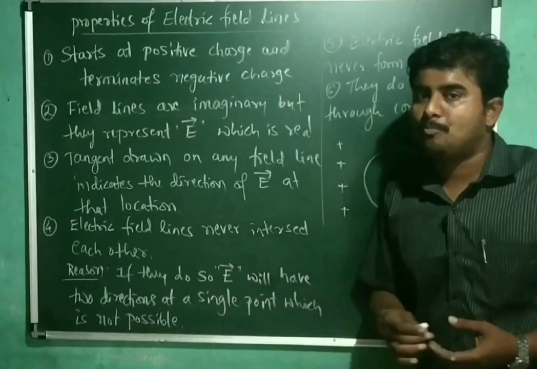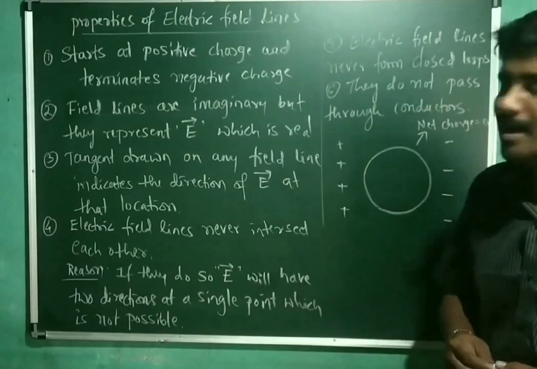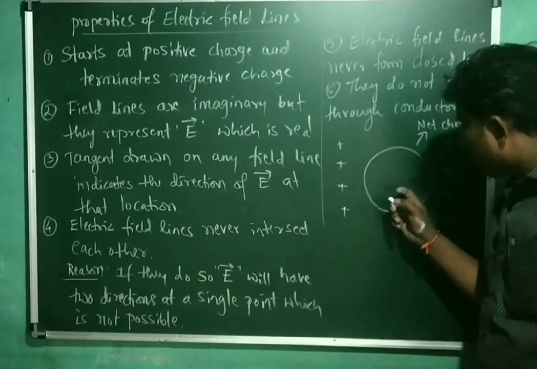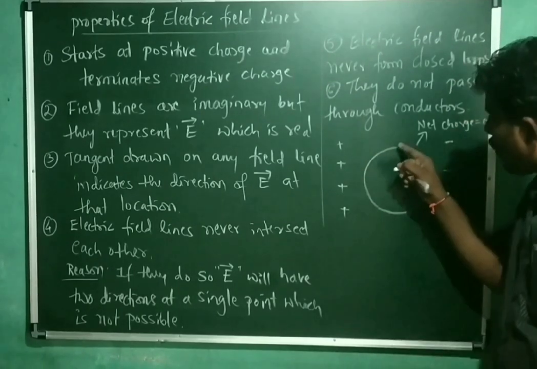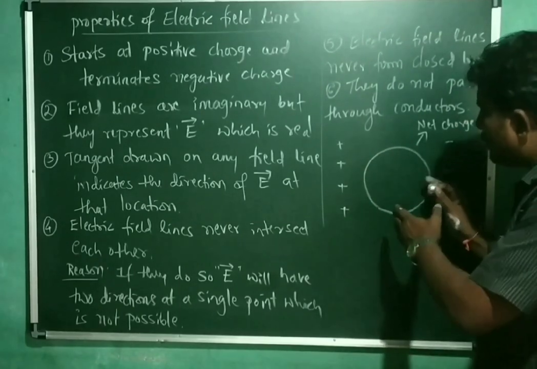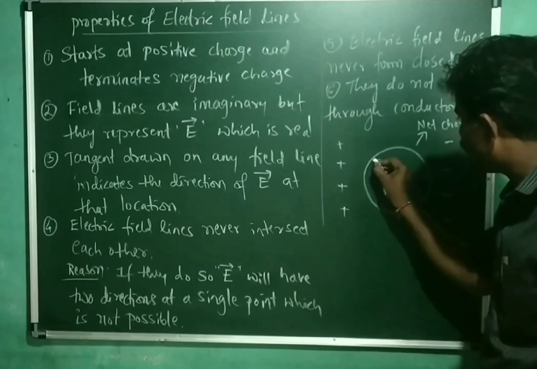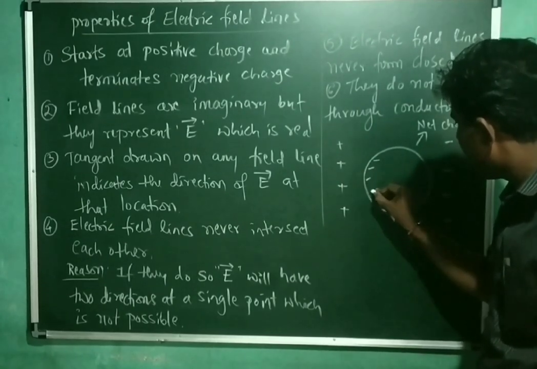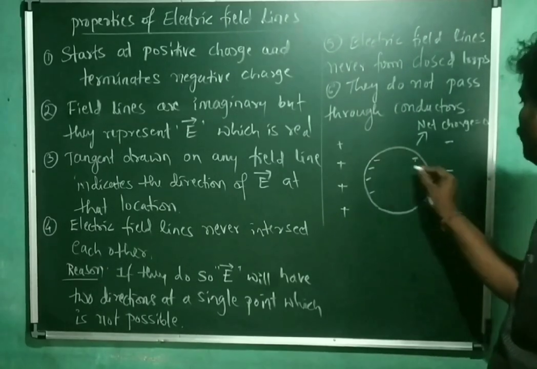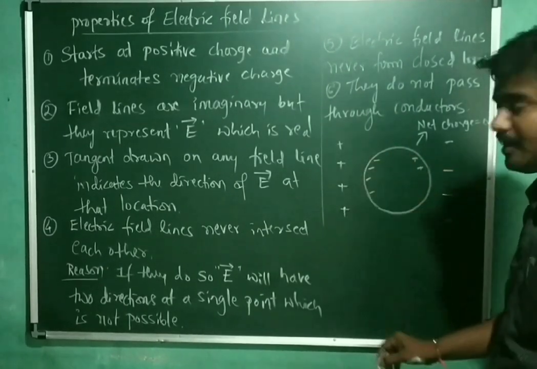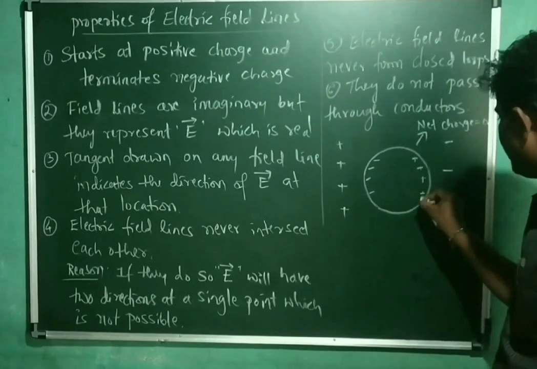It means the number of positive charges and the number of negative charges are equal. Once I place the conductor in the external electric field, all the negative charges are attracted towards the positive end and all the positive charges are repelled by the electric field, and they settle at the other end.